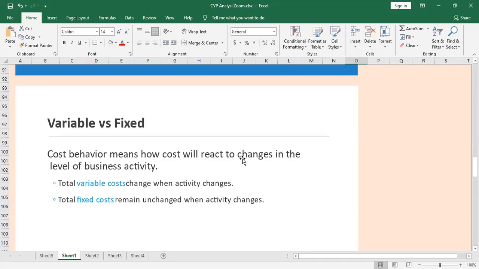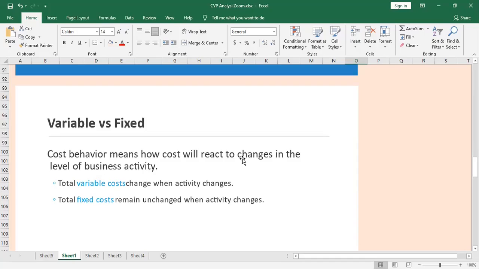Likewise, if there is a positive relationship between the number of units and the cost item, that particular cost item we call variable cost, because variable cost tends to vary with the amount of output units, right? When the level of activity changes, variable cost will also change in the same direction. When you produce more, you will get higher variable cost.